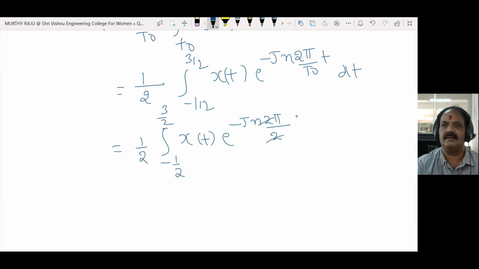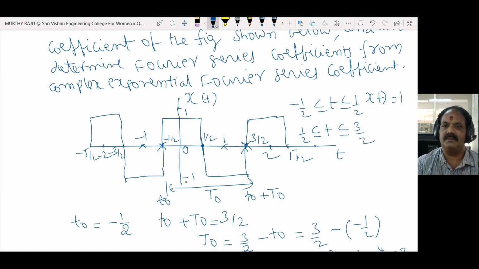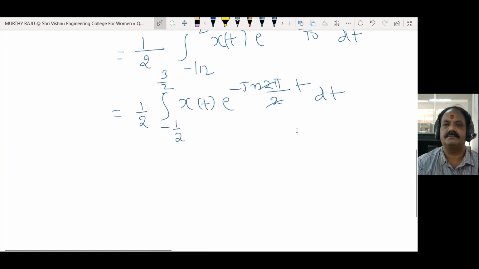For -1/2 less than or equal to t less than or equal to 1/2, the value of x of t is 1. For 1/2 less than or equal to t less than or equal to 3/2, the value of x of t is -1.